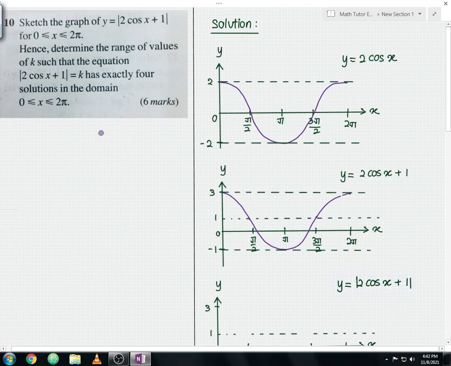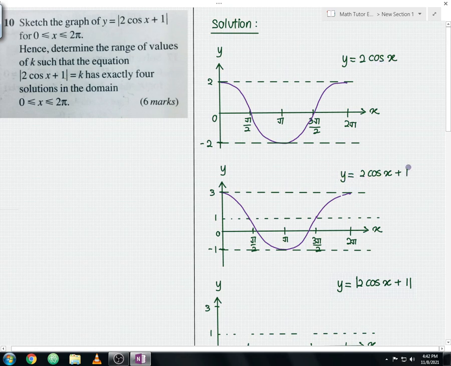Okay, for the first step, what we need to do is sketch the graph of y equals to modulus 2 cos x plus 1 for the range 0 less than or equal to x less than or equal to 2 pi. If you take a look at the right side of this working, I've actually completed the sketch of the first two graphs. The first one is y equals to 2 cos x, and the second one is y equals to 2 cos x plus 1.